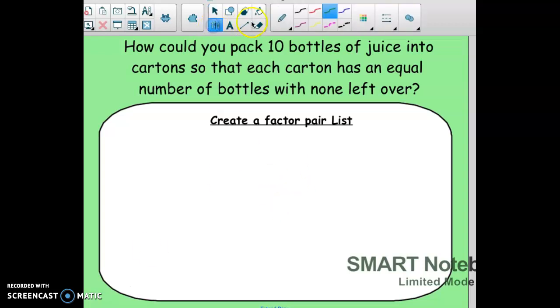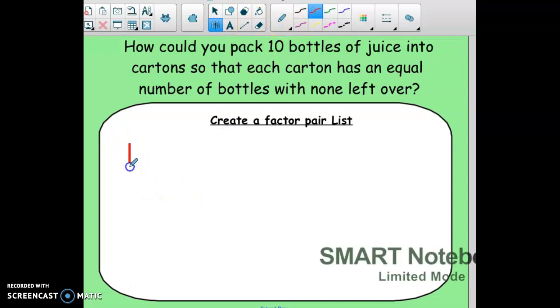You might want to start with just 1. 1 times 10 equals 10. 2. 2 times 5 equals 10.